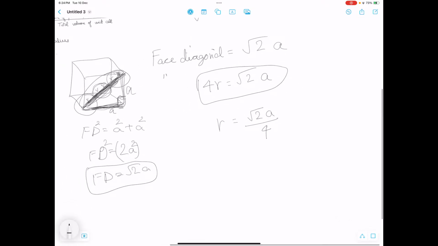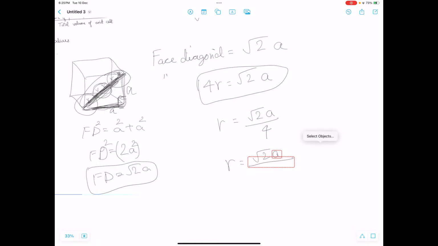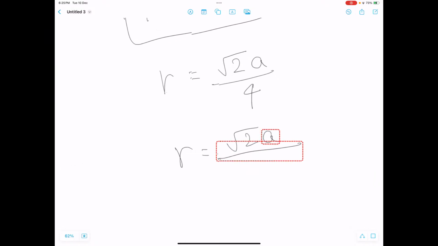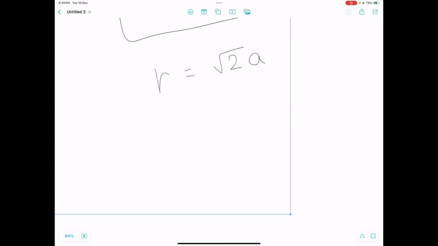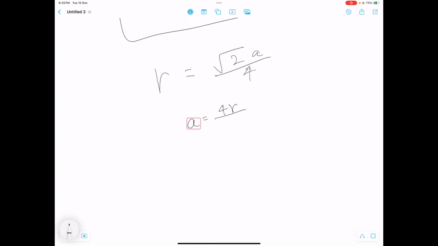We can also write r as a by 2 root 2. Okay, now suppose you want to consider a. So a will be 4r by root 2.